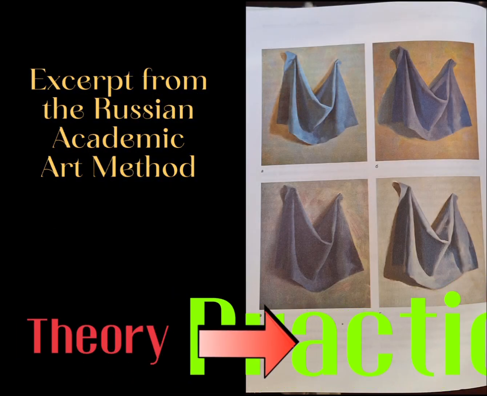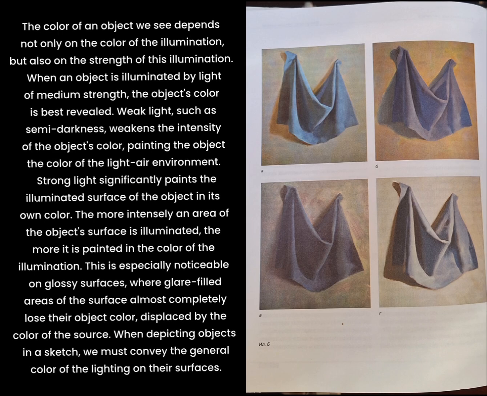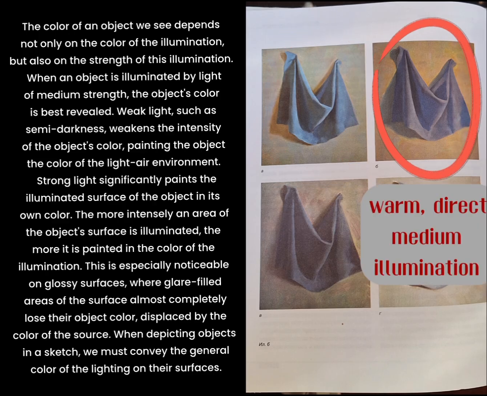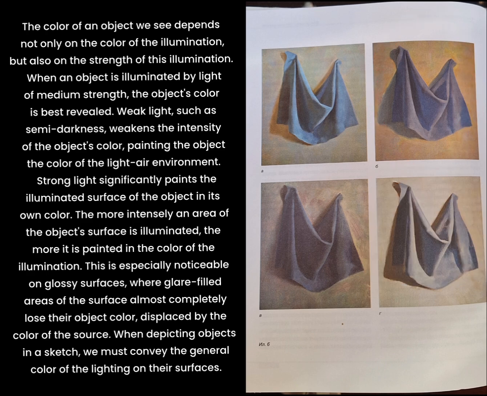Before we dive into painting 2 and 3 object still lifes, we have to get this out of the way. The color of an object we see depends not only on the color of the illumination, but also on the strength of this illumination. When an object is illuminated by light of medium strength, the object's color is best revealed.